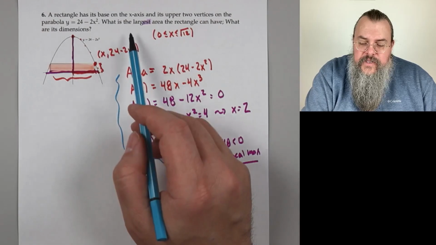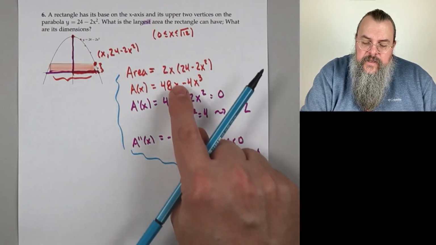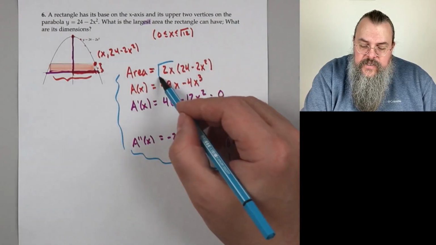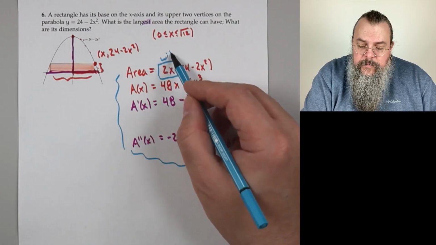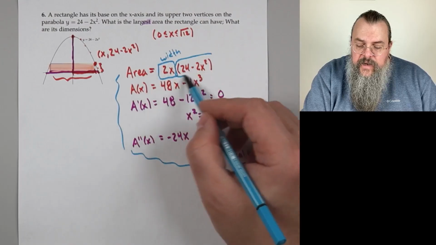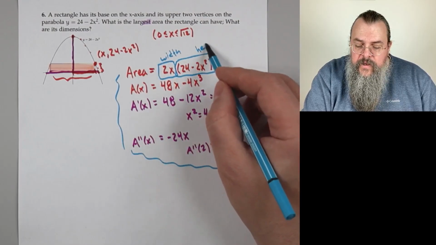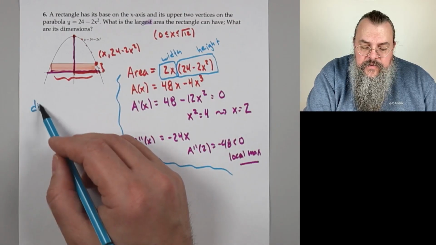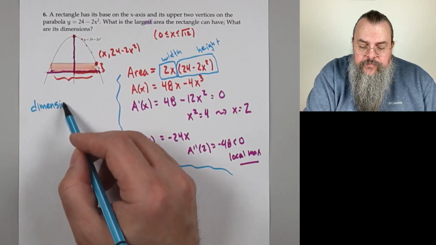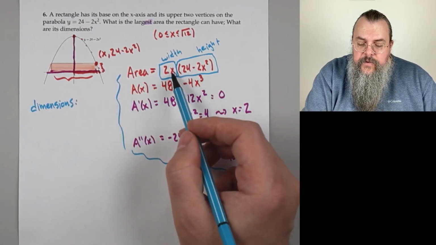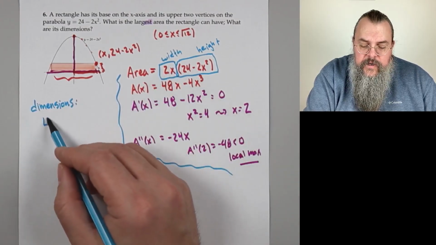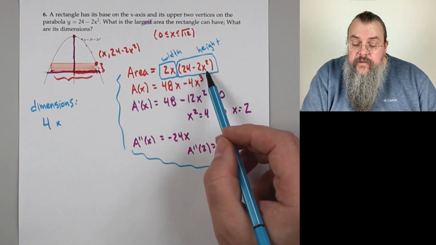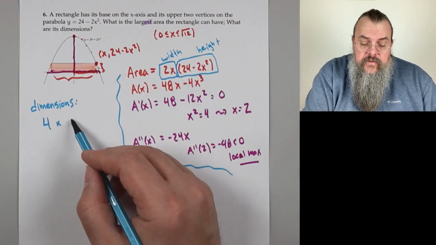Well, what's the largest area? When x equals 2, we have our dimensions, so this is our width, and this is our height. Let's do our dimensions first. We'll go ahead and just get that out of the way. We have x equals 2, so it'll be a 4 by, and then 24 minus 8, 16.